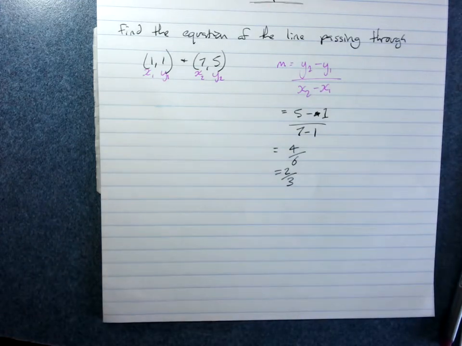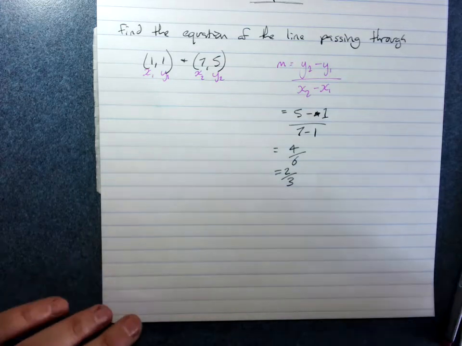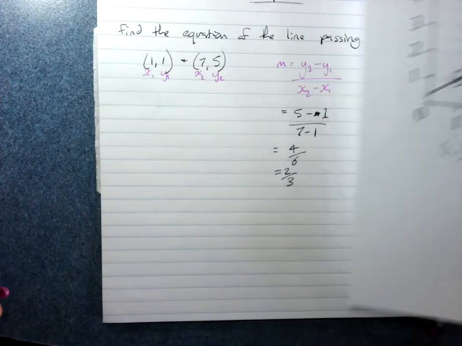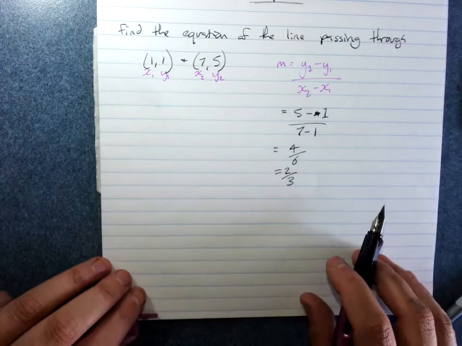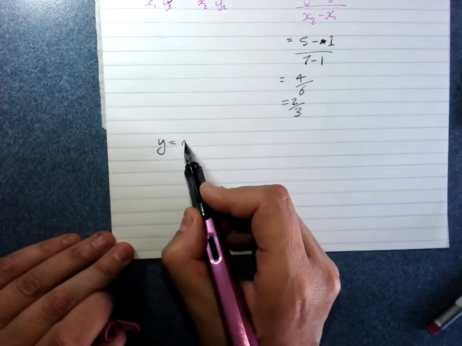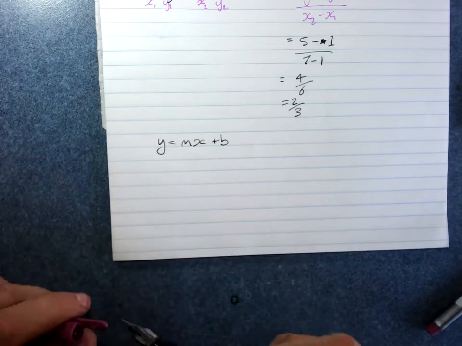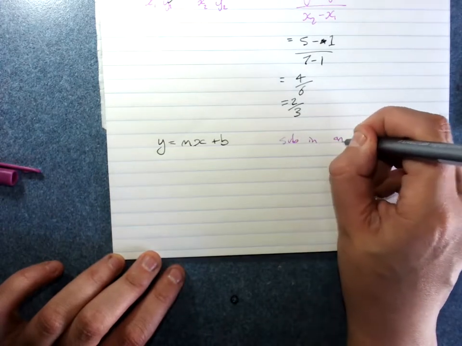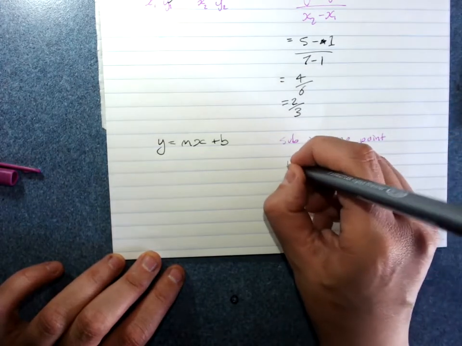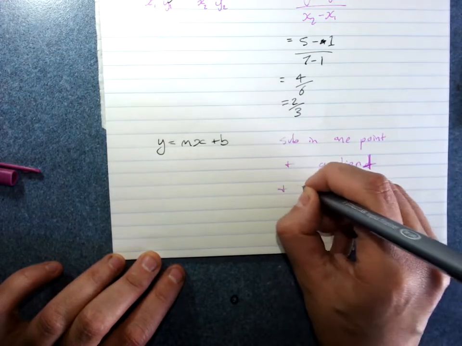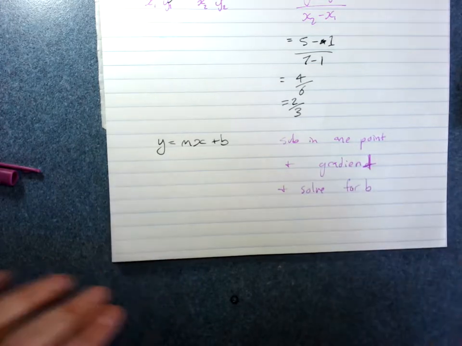Now, when you are finding the y-intercept, you have two options. If, as I said, you can clearly read your y-intercept from your graph, just read it from the graph. To get, however, a more accurate y-intercept, remember y equals mx plus b. Substitute in 1 point, make it the easy one, and the gradient, and solve for b.